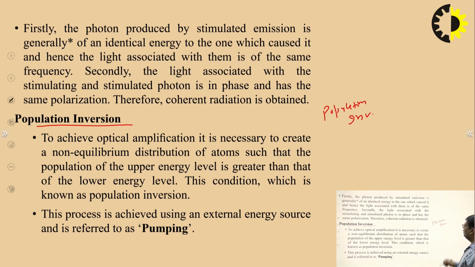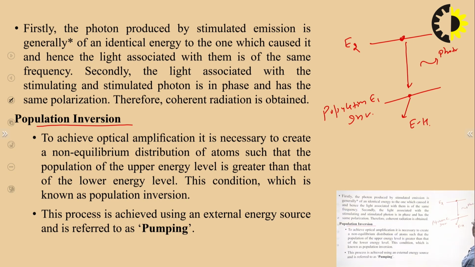Basically, we have a higher state and a lower state. The electron is present in the higher state. It is brought back down with the stimulated emission, and here the electron and hole pair combine together and energy equal to the band gap is released in the form of a photon.